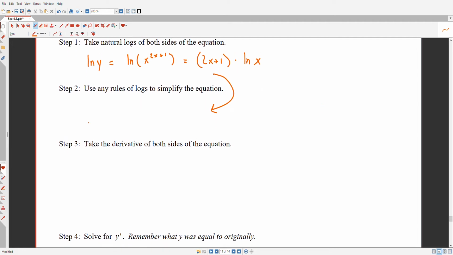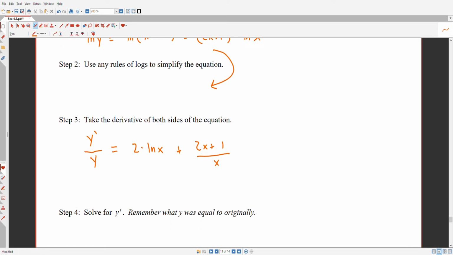And now I'm going to differentiate. The derivative of natural log y is going to be y prime over y. And for the derivative of that stuff on the other side, I'm going to use the product rule. So the derivative of 2x plus 1 is 2, and the derivative of natural log of x is 1 over x. If you want, you can rewrite this as 2 plus 1 over x.